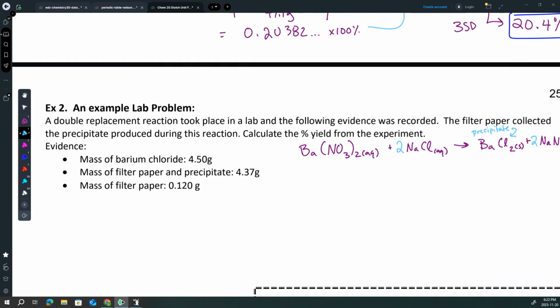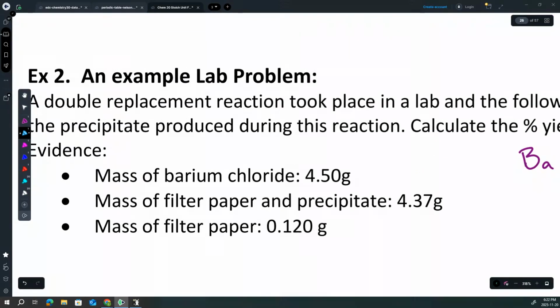All right. So essentially what they're trying to say here is the theoretical mass of barium chloride, which is our precipitate, is 4.50 grams.